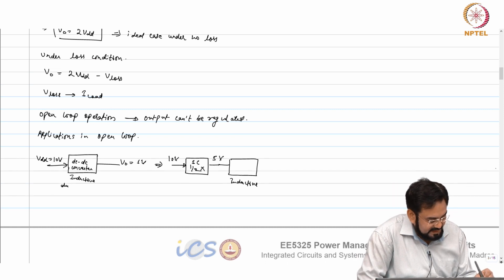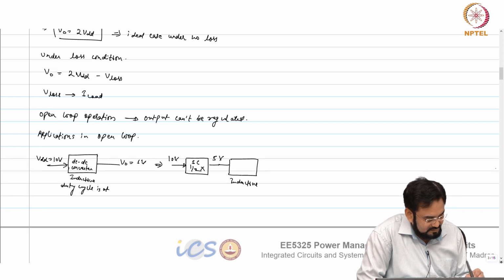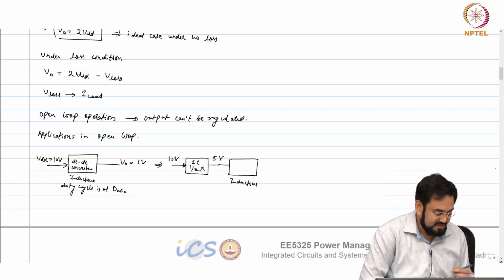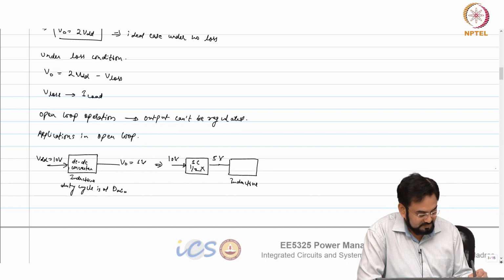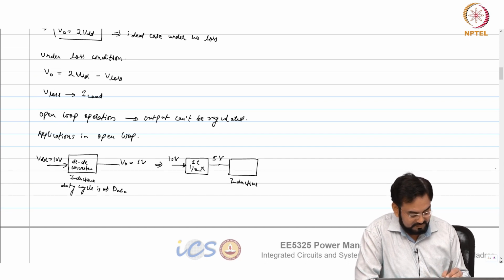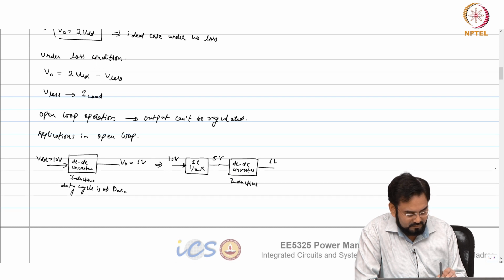So in this case, duty cycle is D min, or closer to D min. This is your V out.